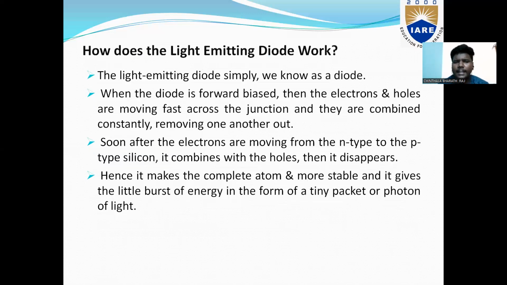Now, how does the light emitting diode work? The light emitting diode, that is LED, is simply known as a diode. When the diode is forward biased, the electrons and holes move fast across the junction and they combine, continuously removing one another out.